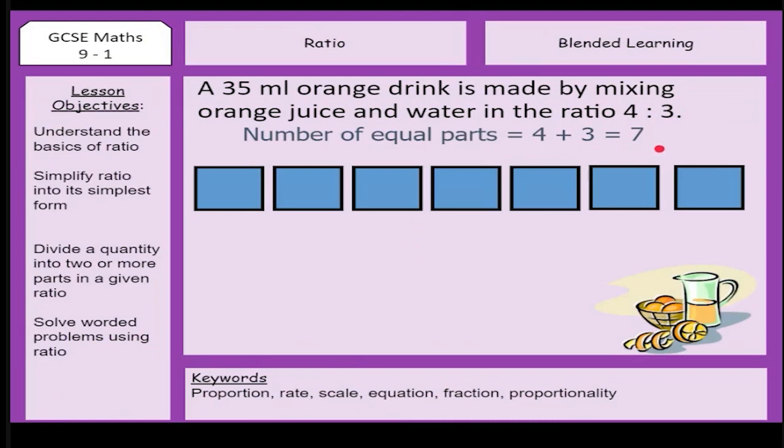There's our 7 parts. I'm now going to share this 35 milliliter orange drink between these 7 equal parts. So I do 35 divided by 7. That gives me 5 milliliters. So each one of these parts is 5 milliliters.